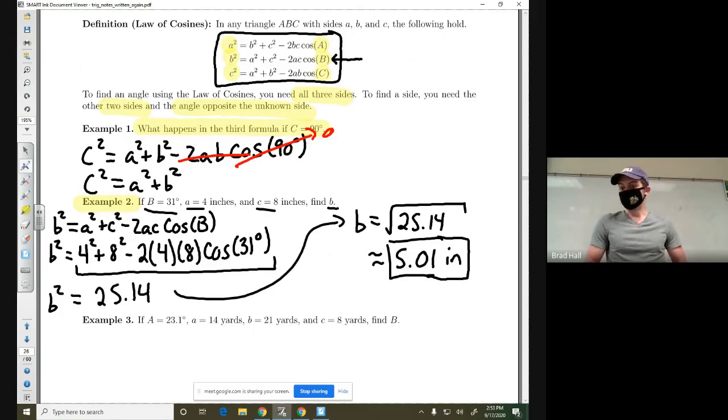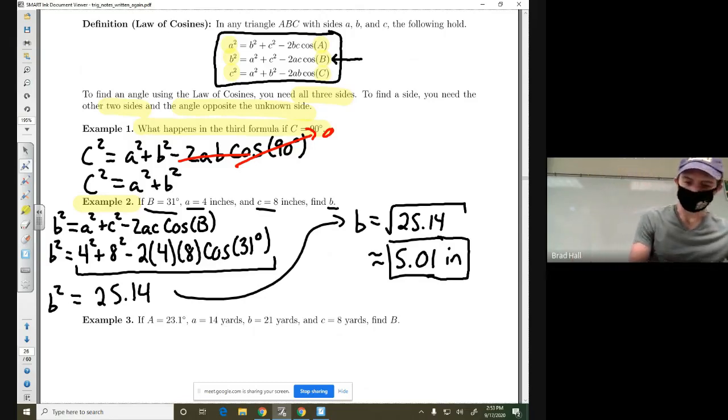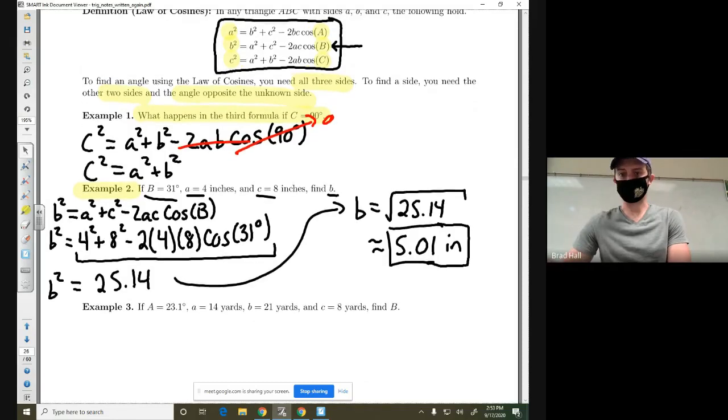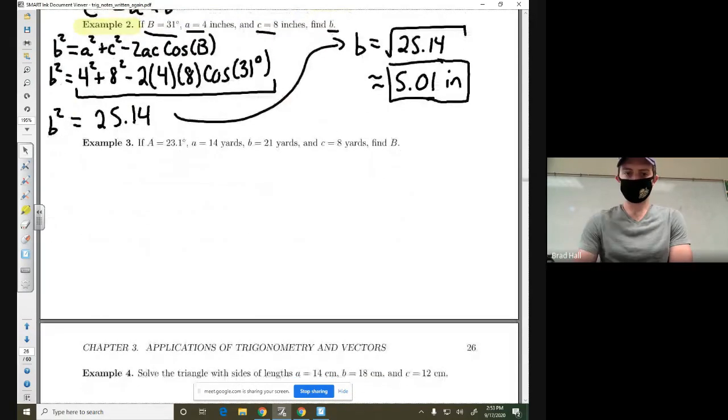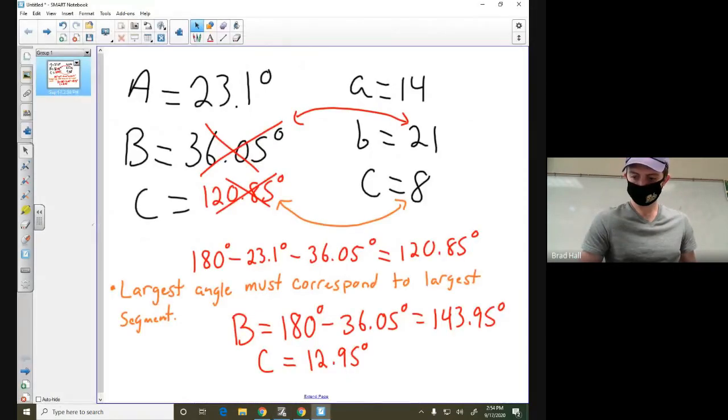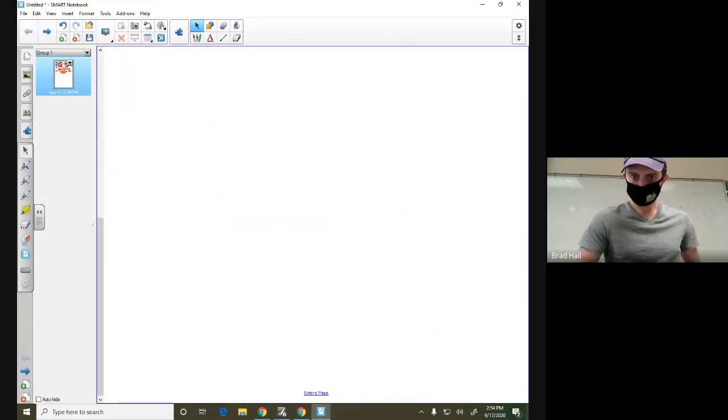So this would be an application of the law of cosines. Now, what about if I asked you to solve this triangle? What would you do? So let's think about that prospect for a second. What numbers did we have here?